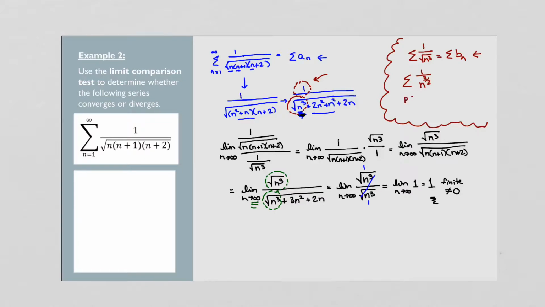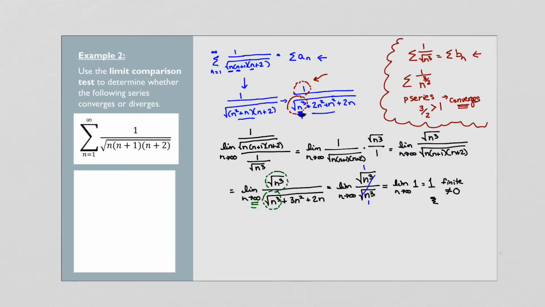This is a p series, and my power p is 3/2. 3/2 is larger than 1, and therefore when I have a p series with a power bigger than 1, my series converges.